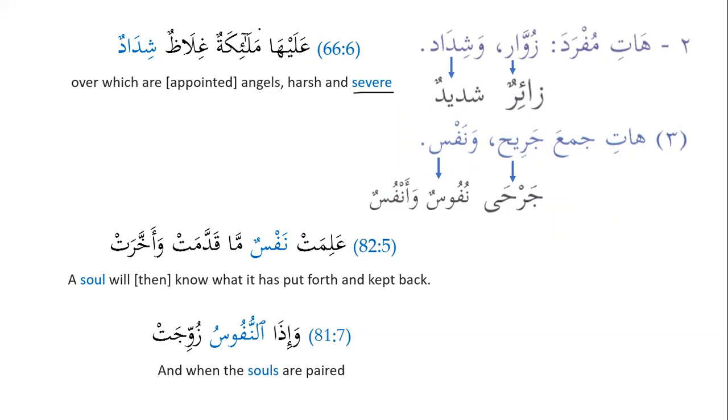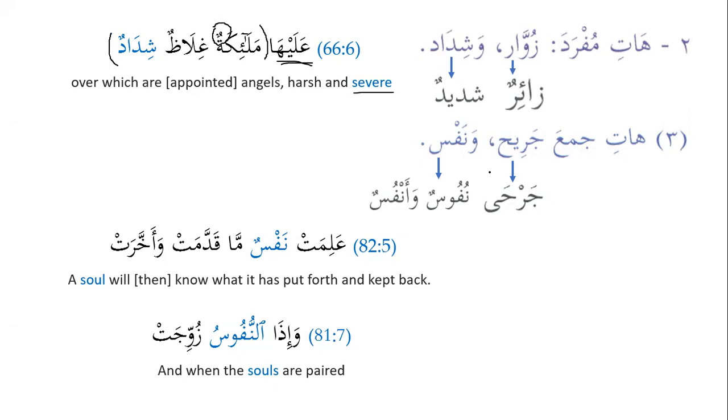Alayha, so you can see over here, let's not forget about these constructions as well. When we have alayha jar majroor, then what kind of construction do we have? After that, generally we have a common noun, as we can see here, malaikatun, ghiladun, and then we have the adjectives that are used for the angels. Malaikatun is a common noun, and ghiladun and shidadun are two sifas, all of them common as well. So malaikatun will be mubtada muakhar, and alayha will be khabar muqaddam.